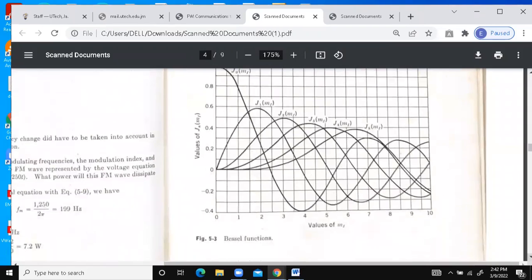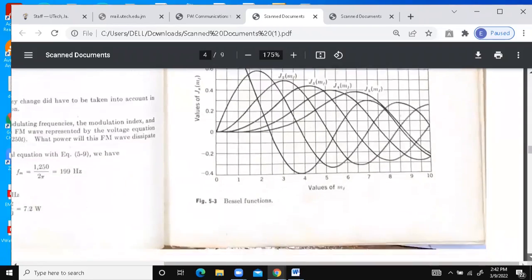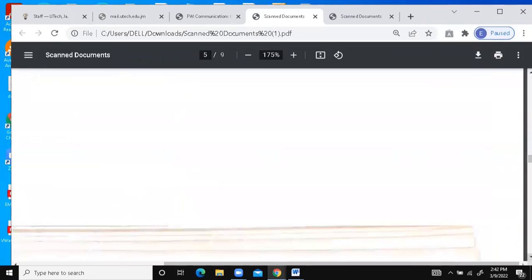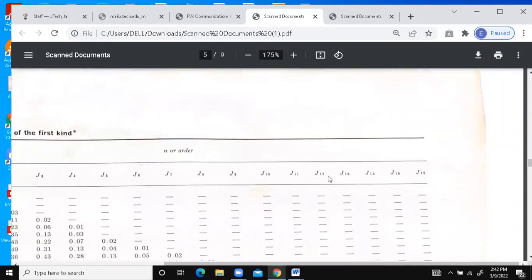So let me go to the table now. These are your J for the equation. If you have any problem with the third example, you can give me a call.